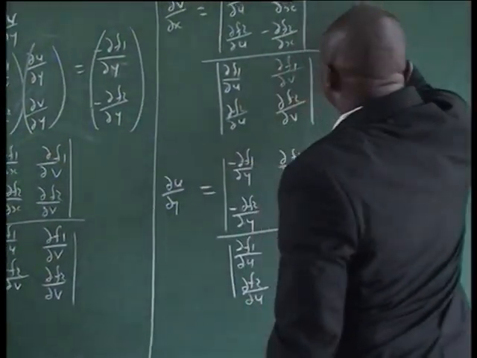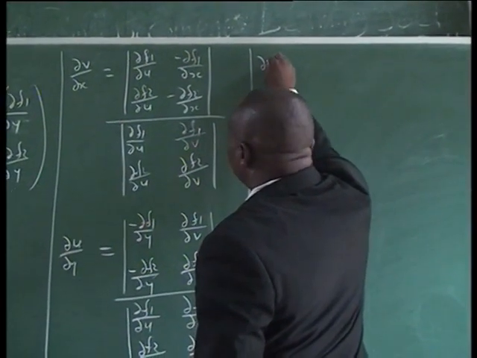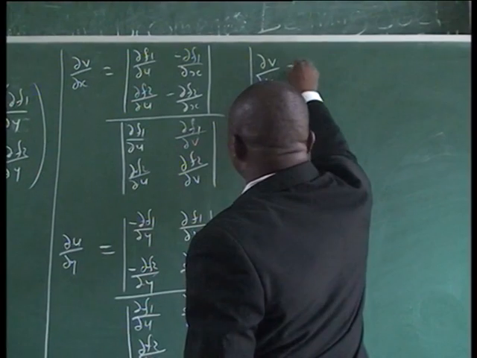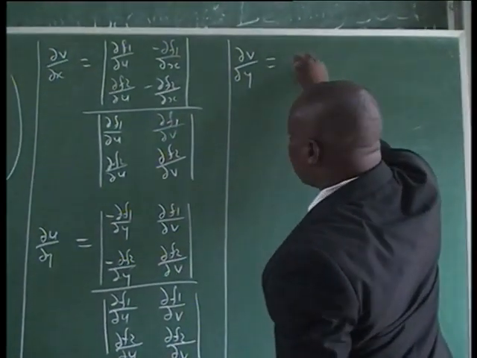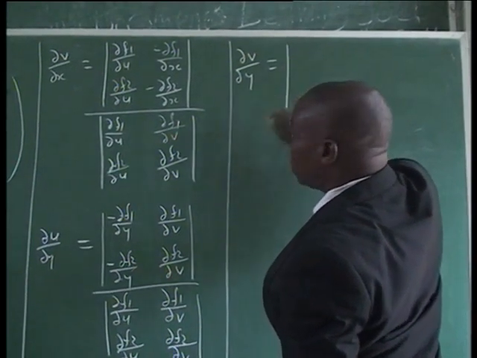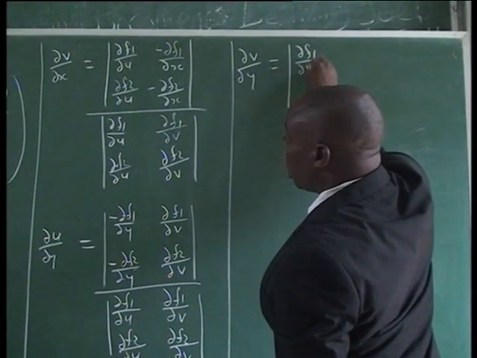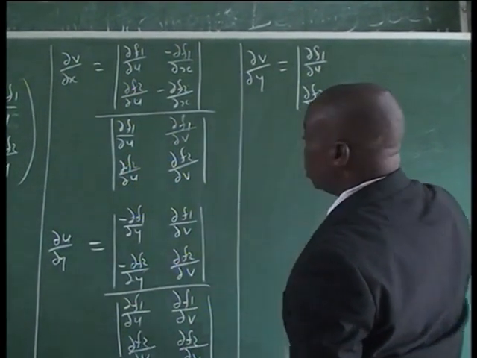Alright, then we'll also look for partial v partial y, which is the same thing as writing another determinant where you have partial f1 partial u, partial f2 partial u.